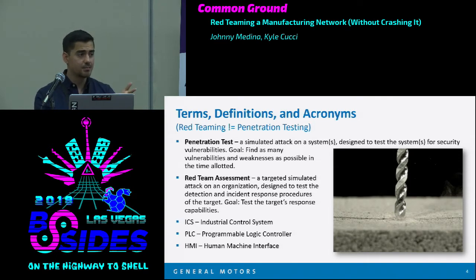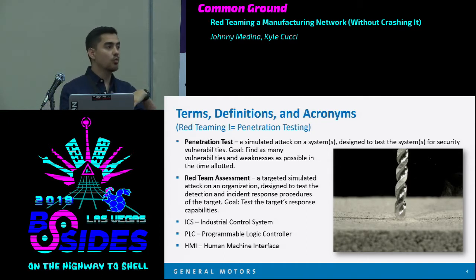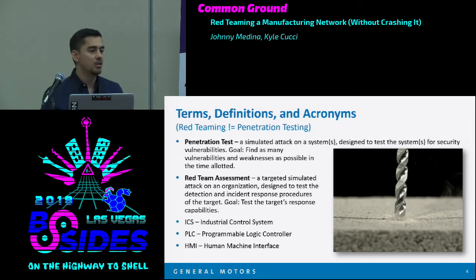We have PLCs, Programmable Logic Controllers. Those are what execute on the manufacturing network, control network, which we'll show in a bit. And HMI, which is a human machine interface, so a visual representation of how to control and configure some of those systems on the control network.